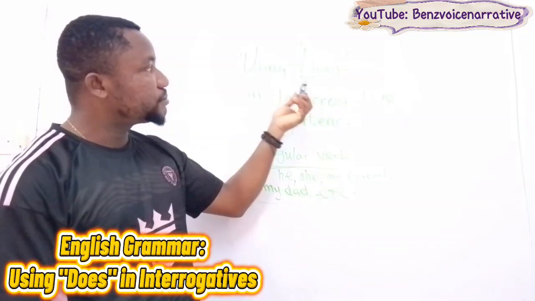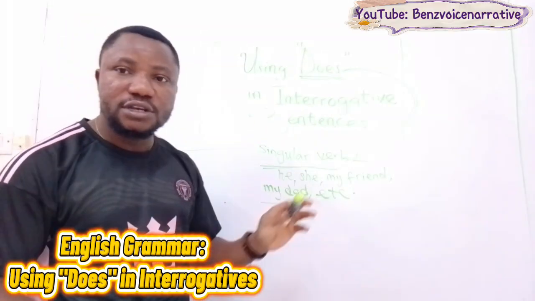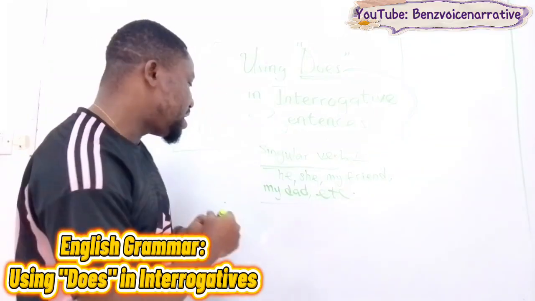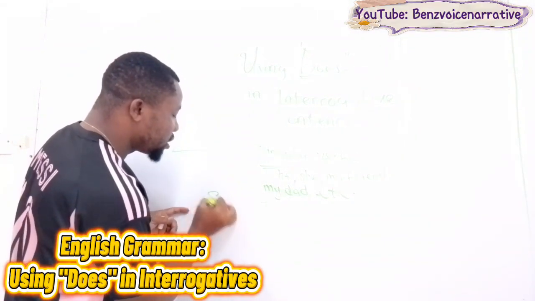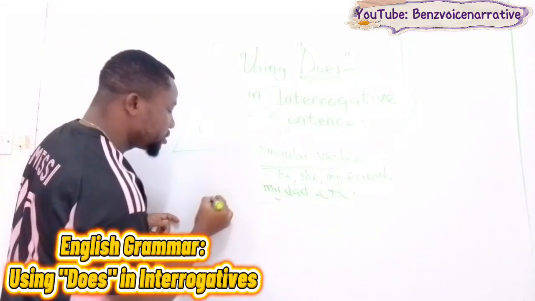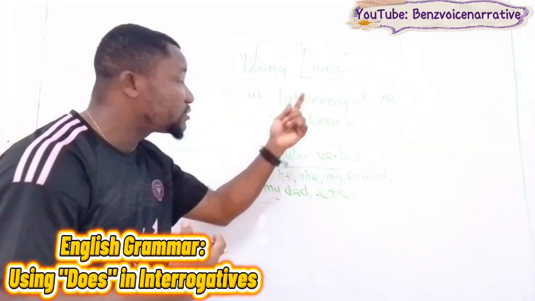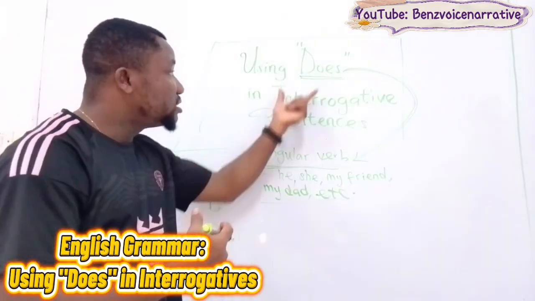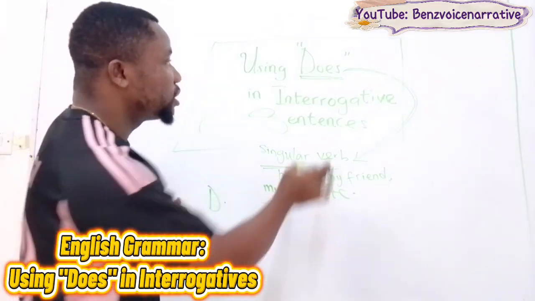Now, when you use does to ask questions, there is a principle, there is an order to follow. And here is how the order works. When you have a singular, you have does. When you use does for interrogation, does comes first.